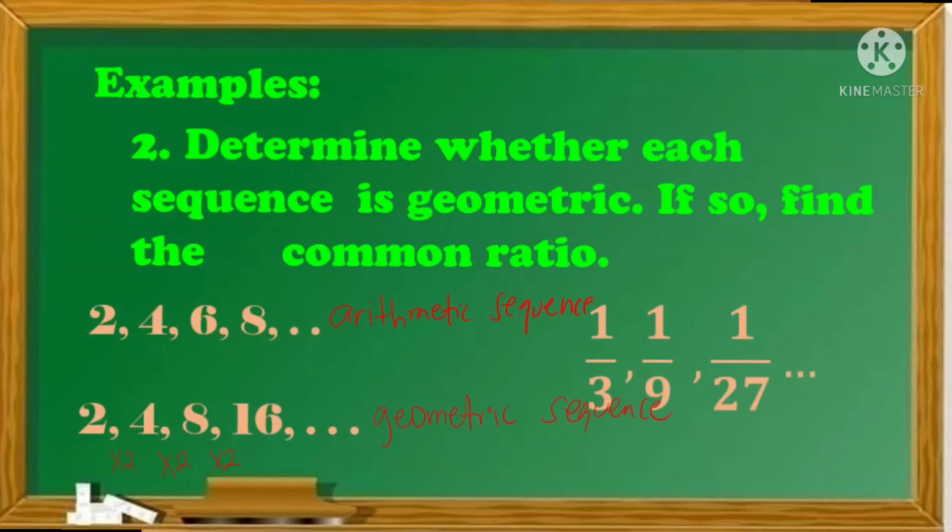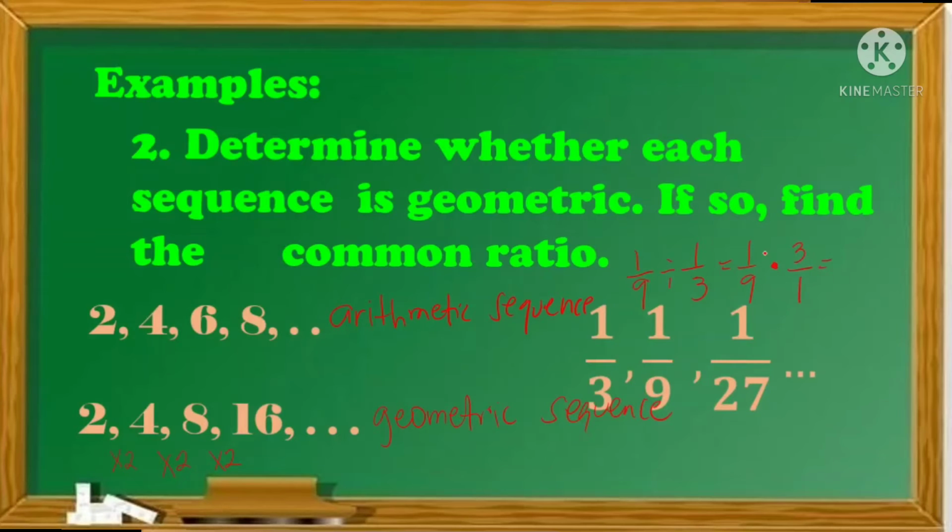One-third, 1/9, 1/27. To get 1/9 from 1/3, we divide 1/9 by 1/3. So 1/9 is multiplied by 3/1, the reciprocal.